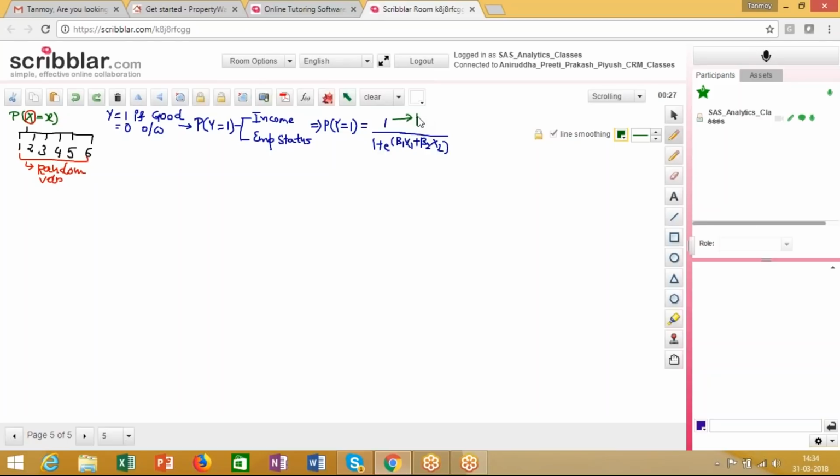So this is the PDF of a probability of default model. By using this mathematical framework, I can represent the probabilities of a borrower being good or being bad.